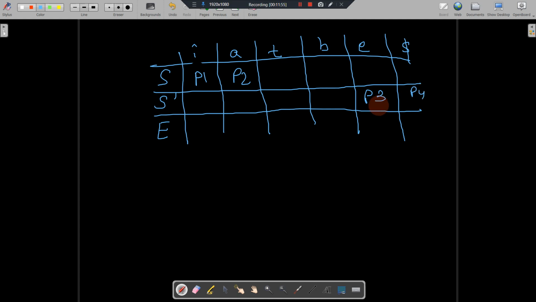So here you see two possibilities. The first terminal E can be produced from S dash using two possible production rules. So that is a confusion. Two different meanings, two different parse trees can be created. So from here only you can say that this grammar is not an LL1 grammar. It is not a predictive grammar. There is an ambiguity over here.